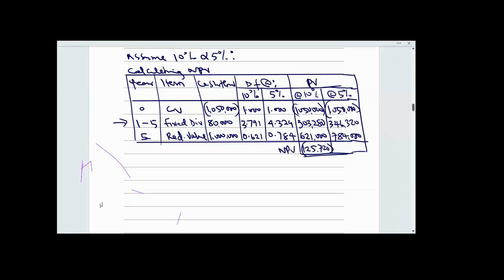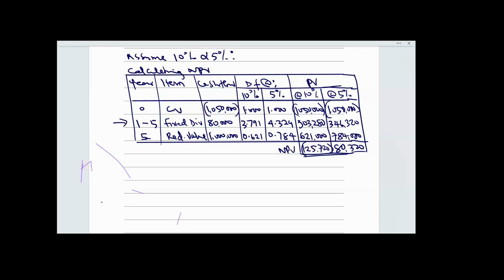So 784,000 plus 346,320. What do you have? 1 million minus 1,050,000. Okay, 80,320 positive.